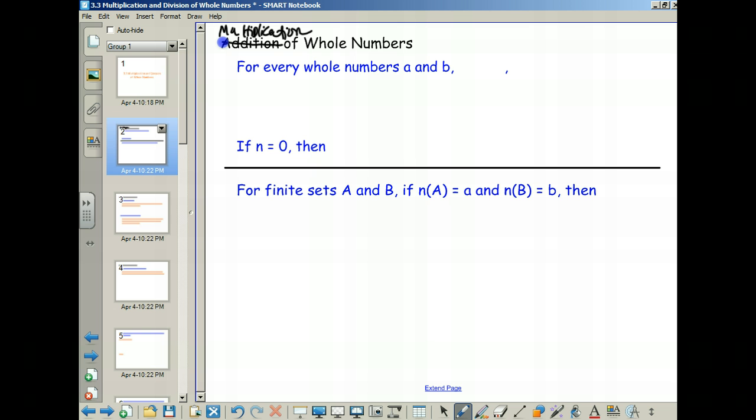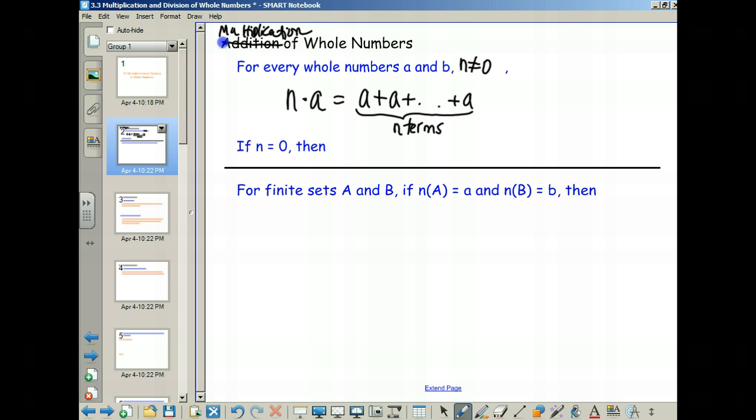All right, so multiplication of whole numbers. For every whole numbers a and b, and n not equal to 0, n times a is equal to a plus a plus a bunch of these dots, a, and there are n terms here. There are n a's.